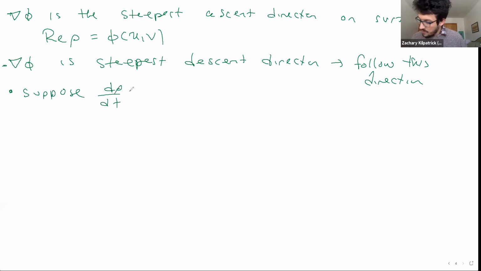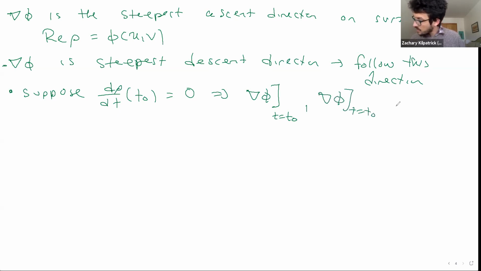So suppose that the derivative of rho evaluated at t0 equals 0. This implies then that these functions that we constructed have gradient at t0 given by 0.